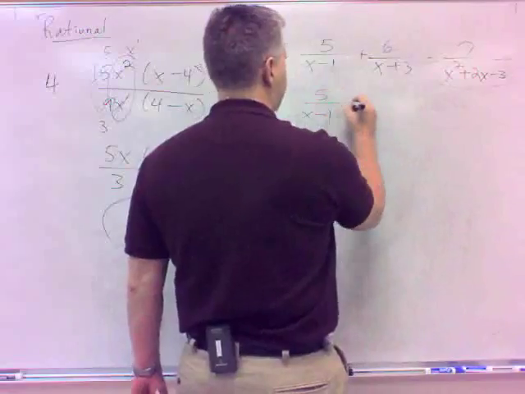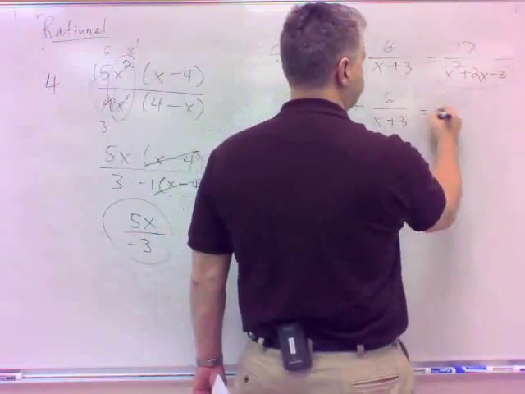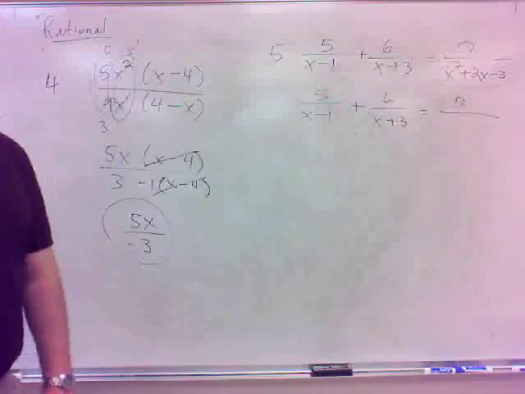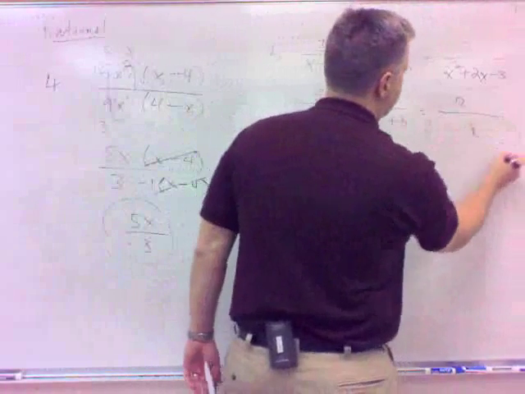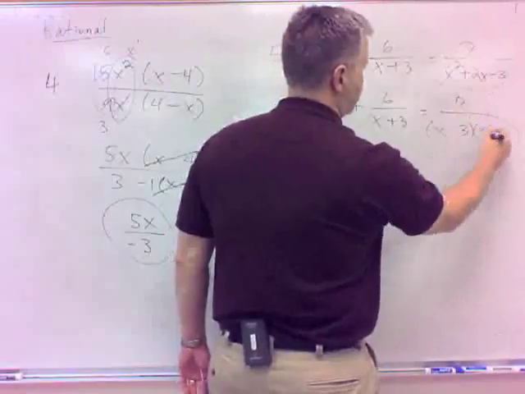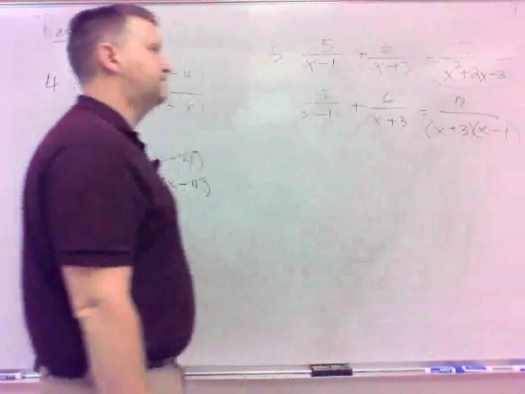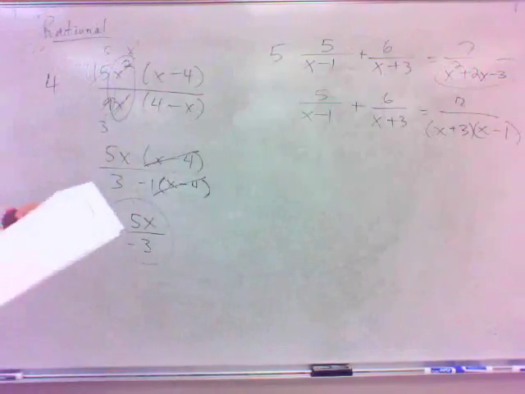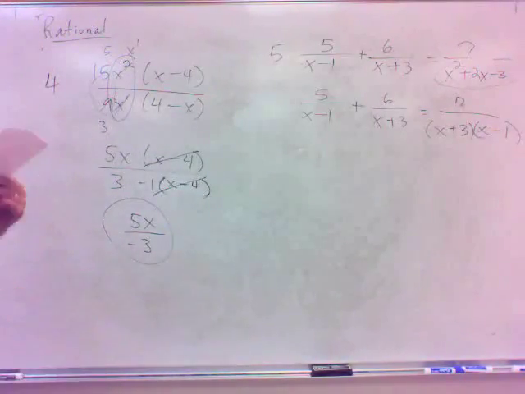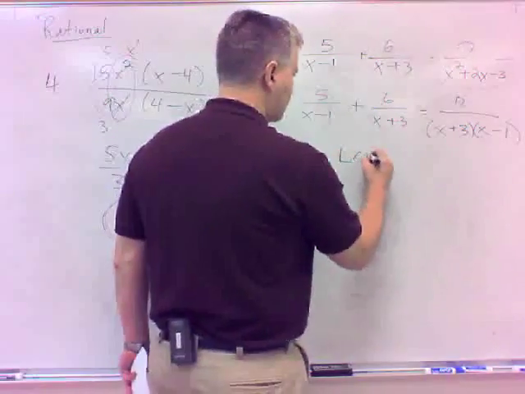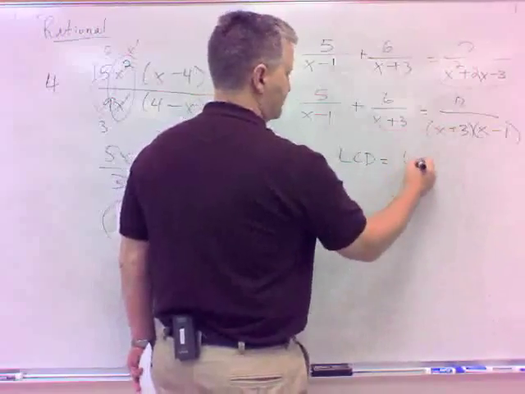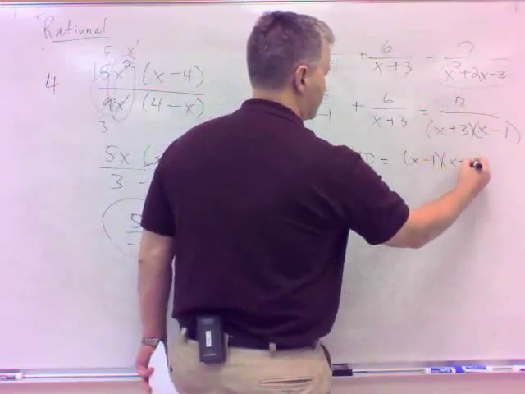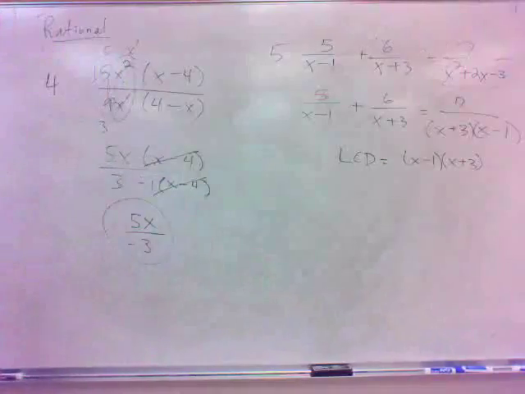So I'm going to factor that out first, which will leave me 2 binomials, x and x, 3 and 1, positive 3 and negative 1.